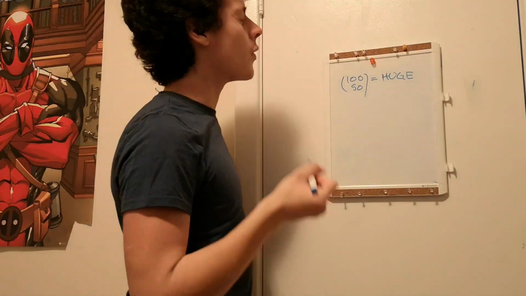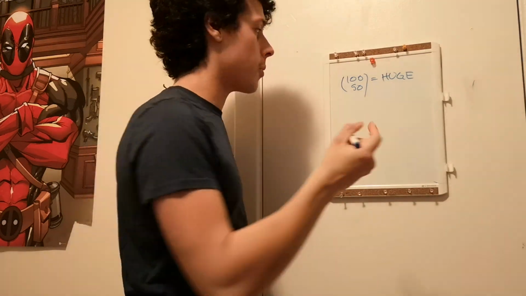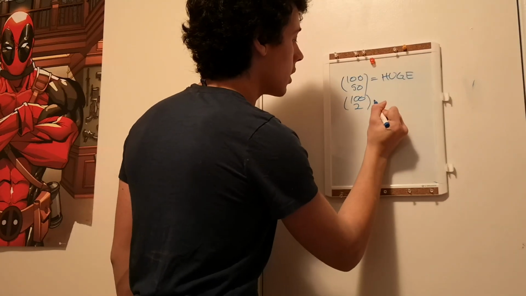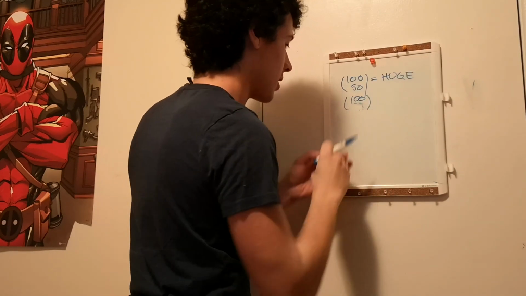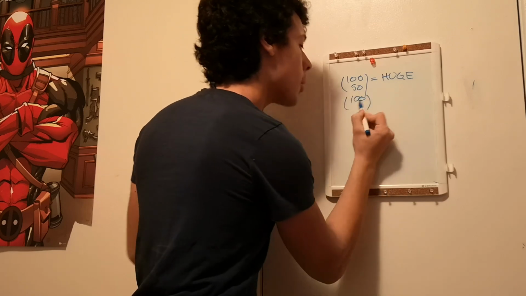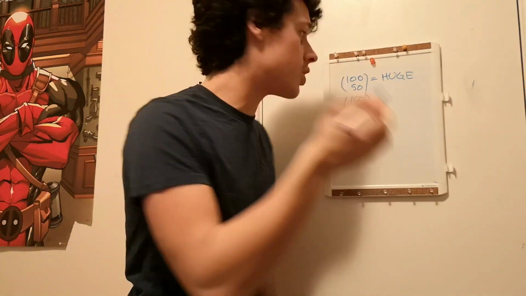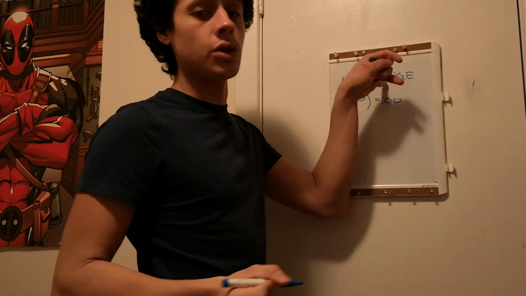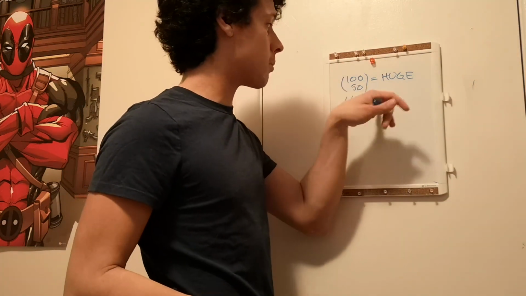But the number of ways that you could choose one thing from 100 is just 100. So 100 compared to huge is pretty small.